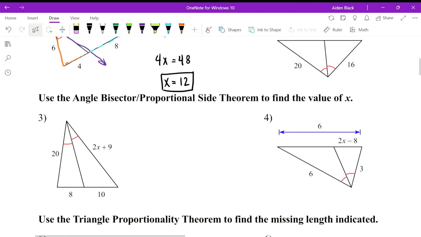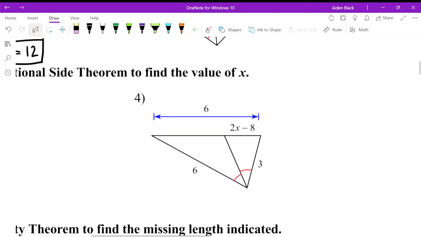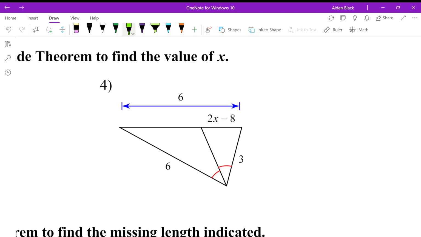And that's all that's asking for. There are some questions that are a little bit tougher. For example, number 4 does not give us either this side length in full, nor does it give us this side length. And we can't call this x because x has already been used.